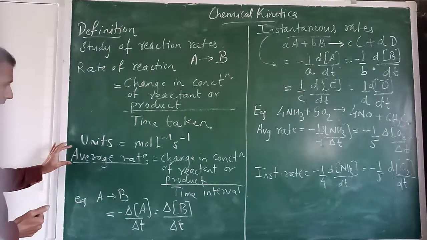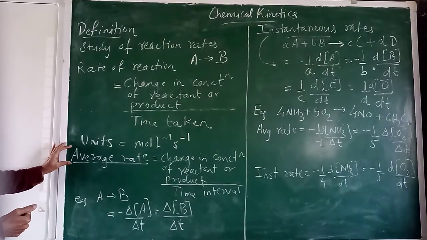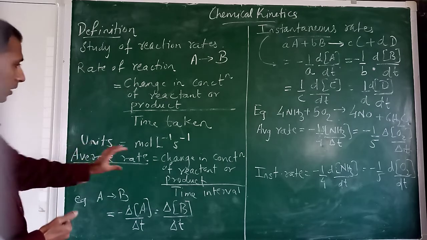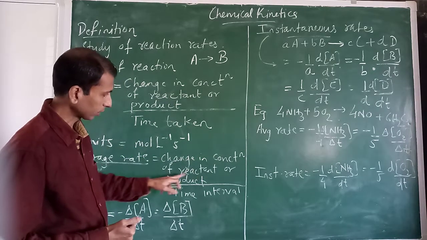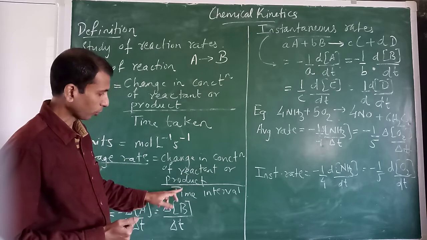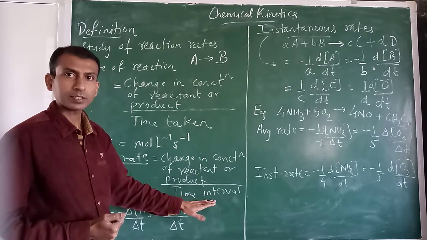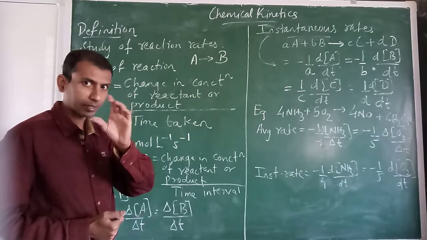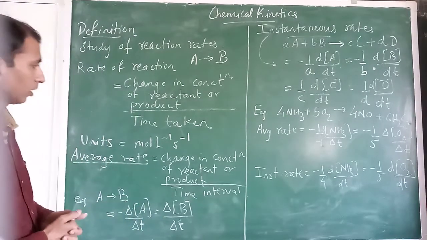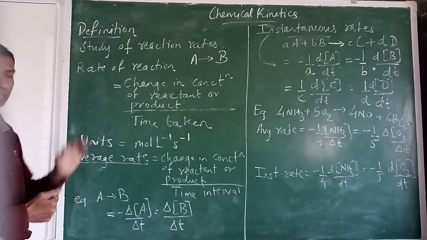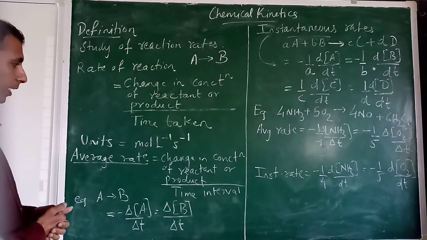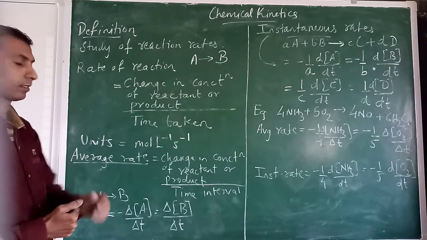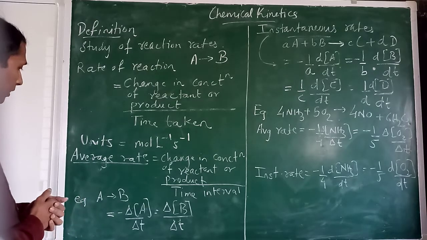First one is average rate of the reaction, and this is the equation for average rate of the reaction: change in the concentration of reactant or product in a specific time interval. So that time interval and that change parameter we have to consider here.